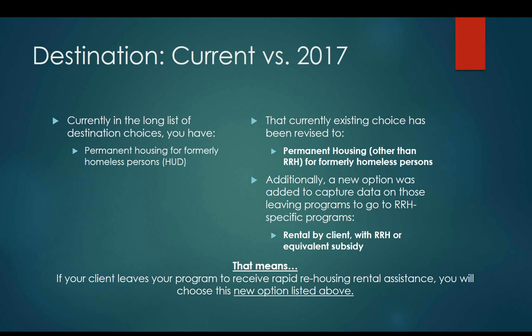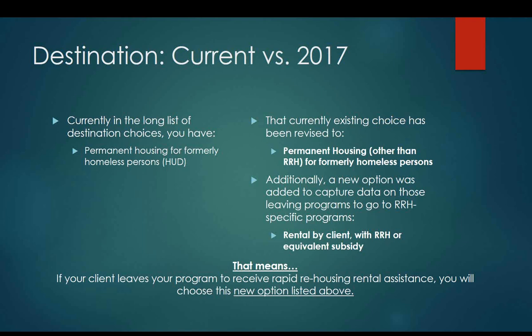So now in 2017, you'll see that those destination choices have been revised to capture permanent housing other than RRH, which is rapid rehousing, for formerly homeless persons. And then there's a new option, which is rental by client with RRH or equivalent subsidy.